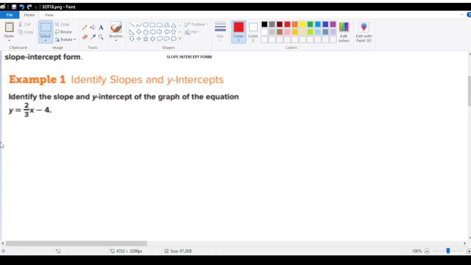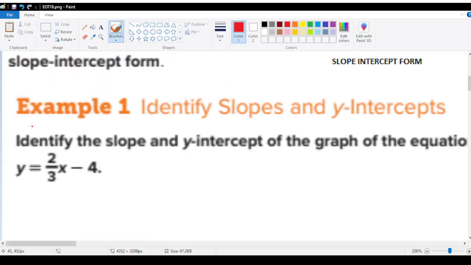Let's try to compare this equation with the rule. The rule was y equal mx plus b, right? This was the rule. So if we compare this rule with this equation, what is the value of m?